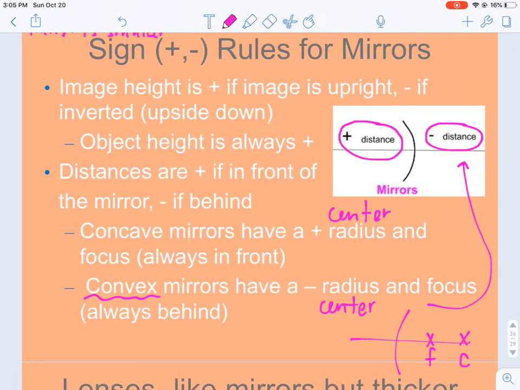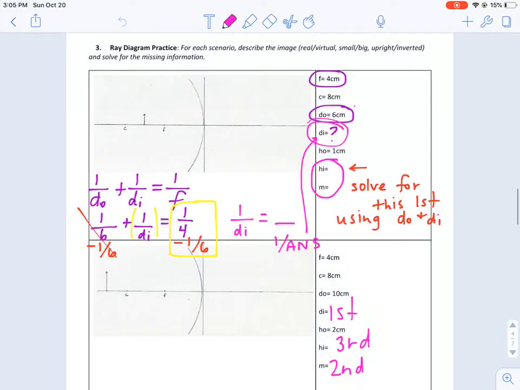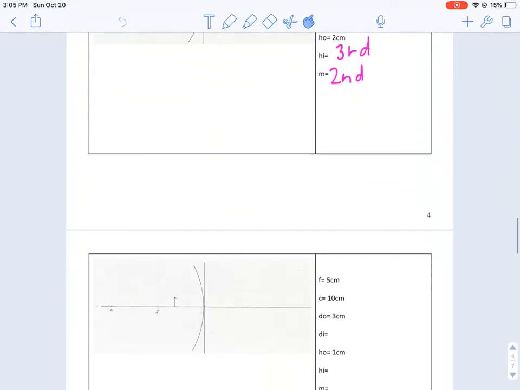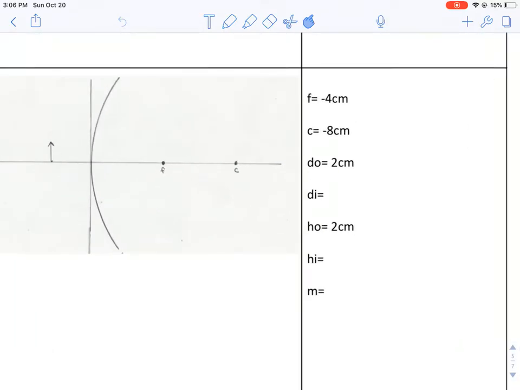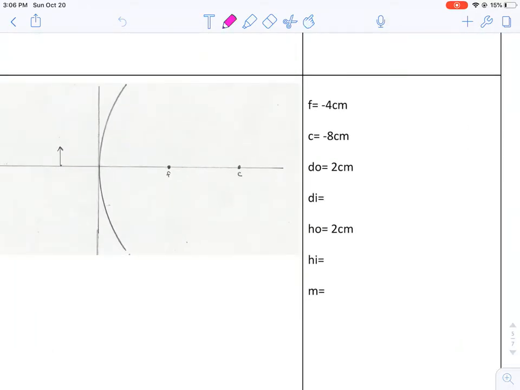Object distances will always be positive. Image distances might change. Object heights will always be positive. Image heights might change. So this is kind of a helpful cheat sheet. And you can also look, because in your problems, when it comes to a convex mirror like this one, I've given you a negative focal length.